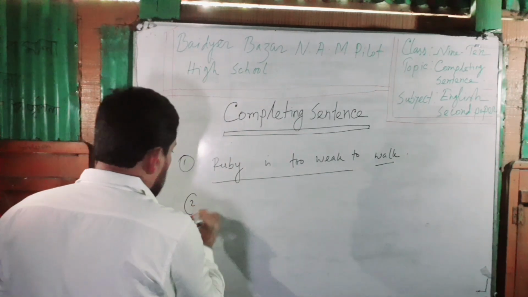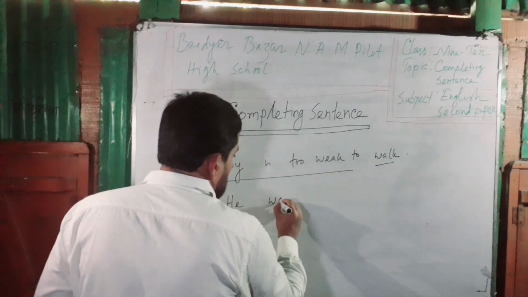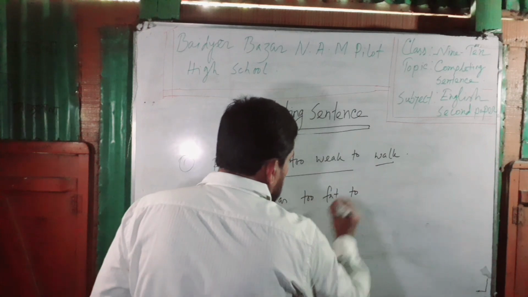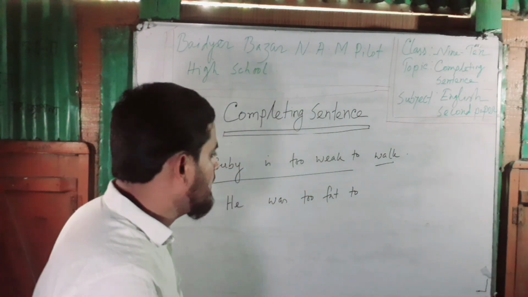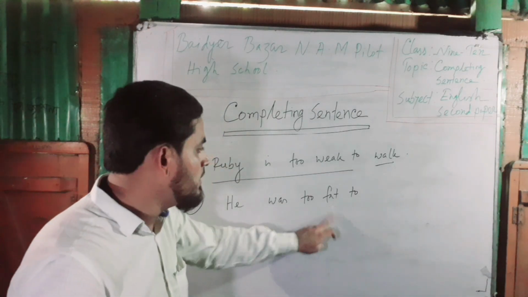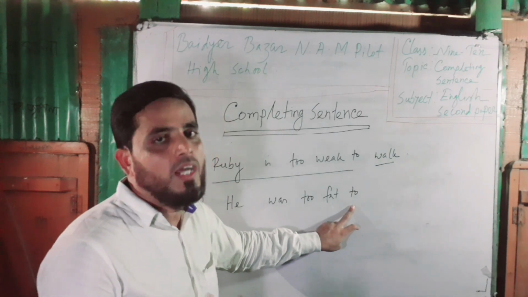Next, if I give another example, he was too fat. So now we can see that this is an adjective, and the adjective is fat, which means fatty. So he was too fat. He was too fat to... What can we write?